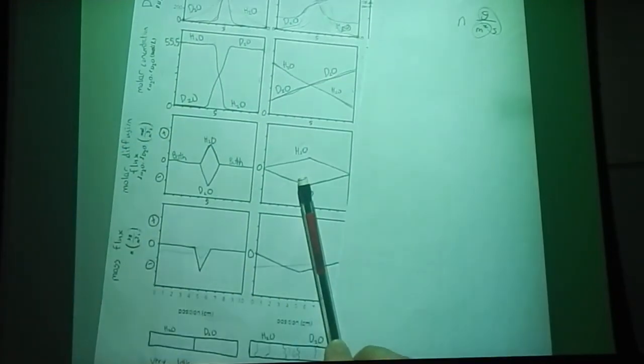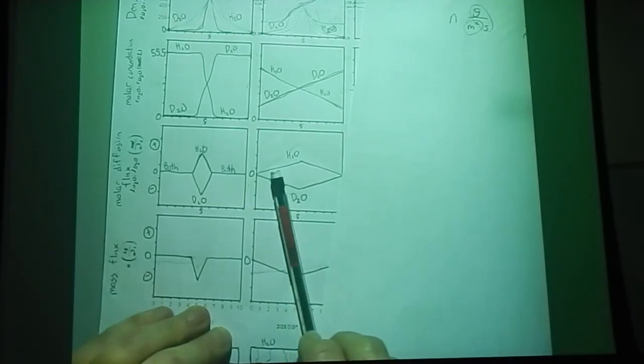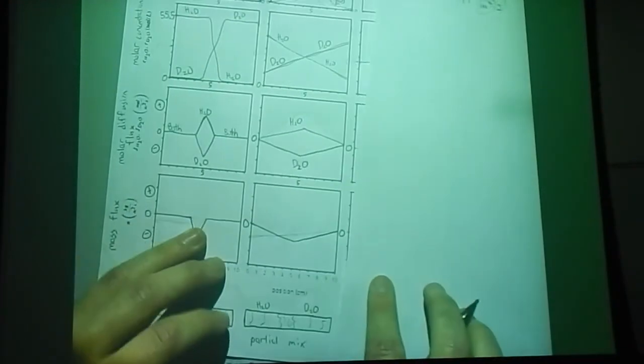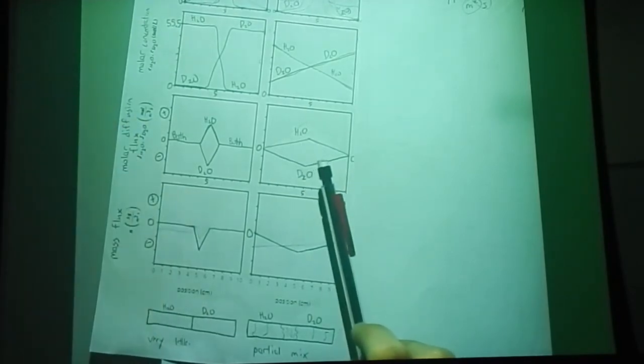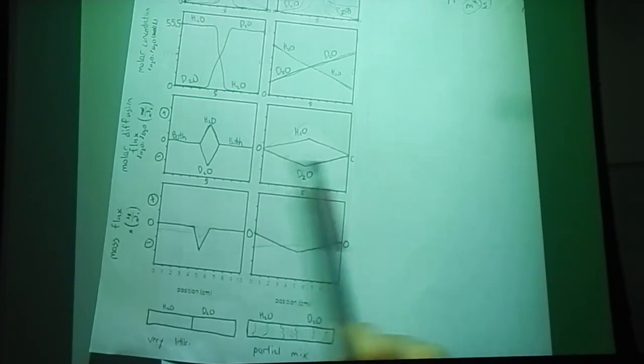Now you look down here, and you see that because there's mixing going on everywhere in the capillary now, even though it's predominantly mixed in the middle, there is still the most flux in the middle of the capillary, but there's diffusion flux going on all the way out to either end of the capillary.